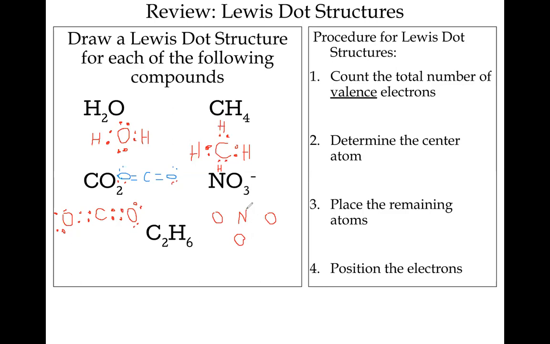Nitrogen is 5, and oxygen is 3 times 6. So is that 29? No, 3 times 6 is 18, so 23. Does that make sense? Let's see.